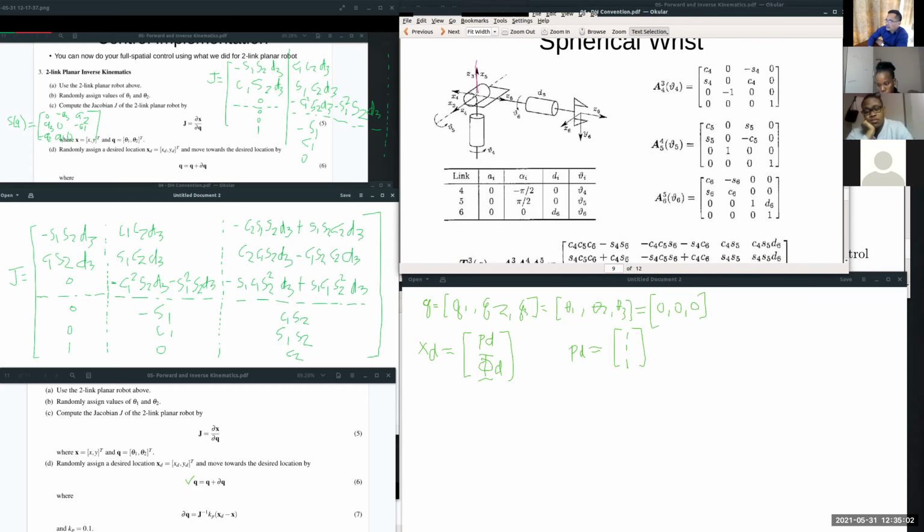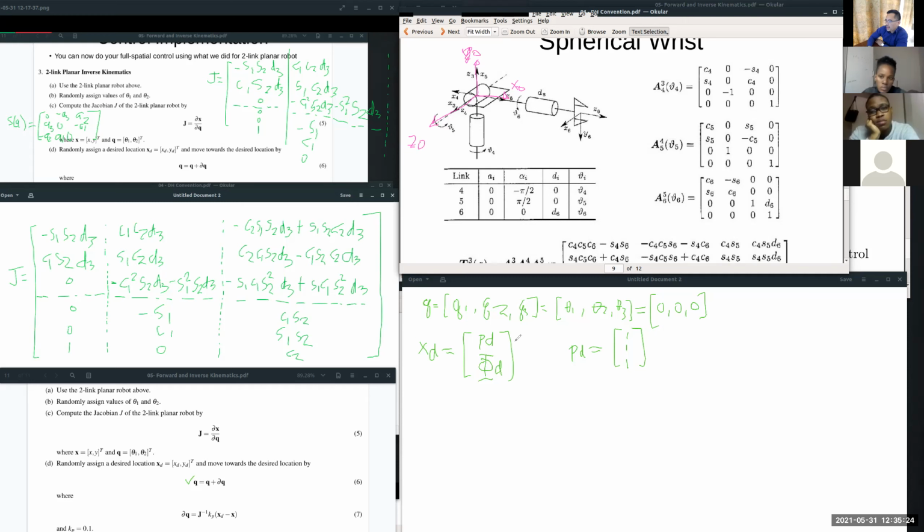For this one, the base reference frame is coincident with that one. So Z0 is somewhere here, that's the rotation axis, then here maybe X0 and Y0.